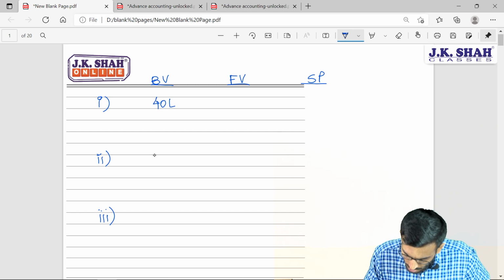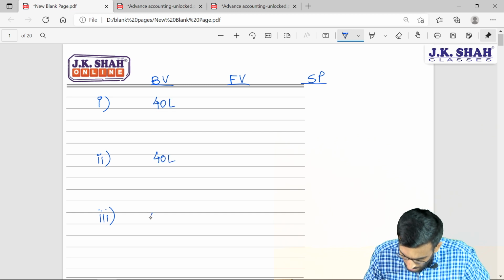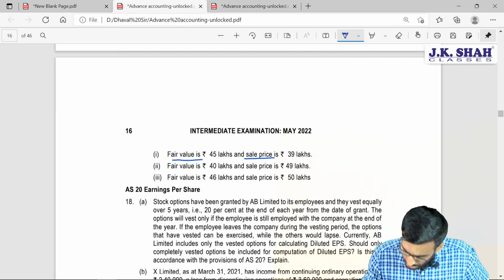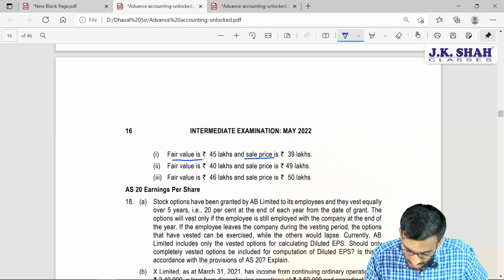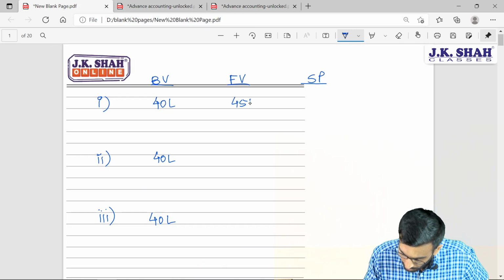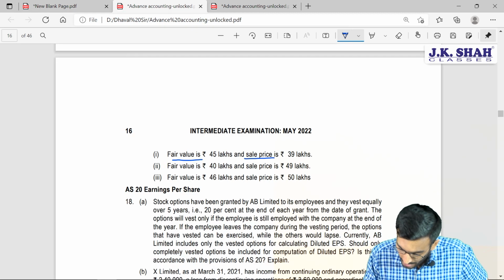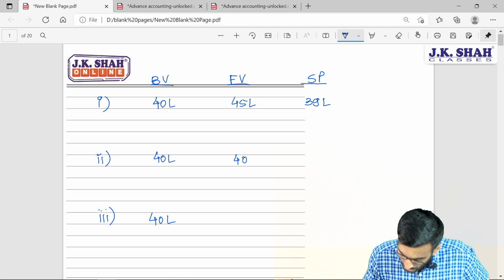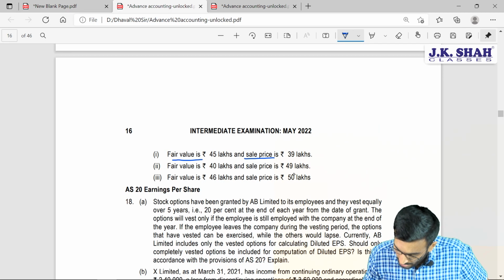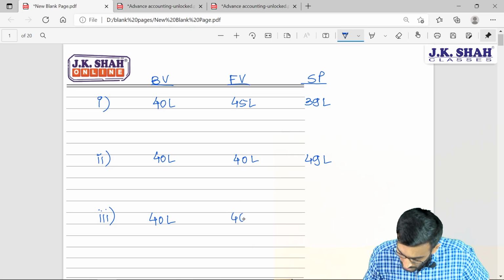Fair value is 45 and the selling price is 39, then 40 and 49, then 46 and 50 lakhs.